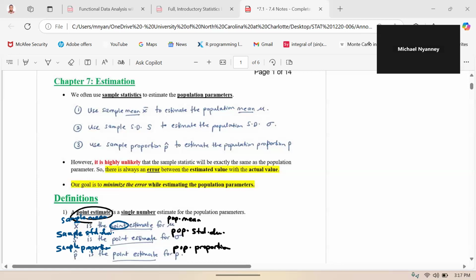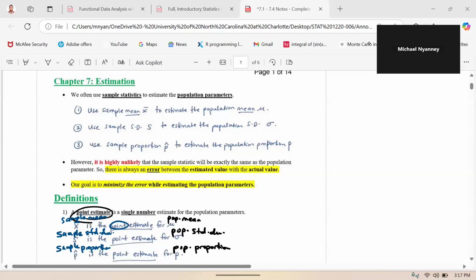But in the population, sometimes we don't know the actual value, so we estimate them. In case you are talking about the population mean, which is the mu, we use x bar as an estimate for the mu.